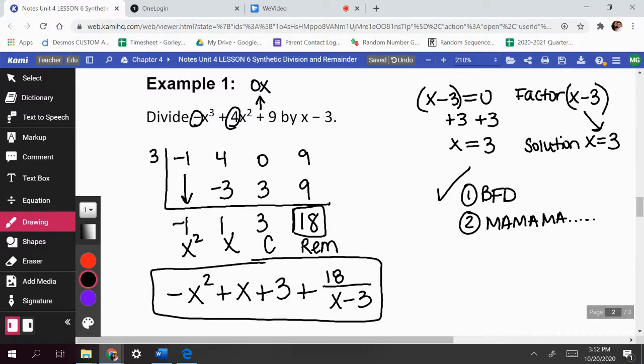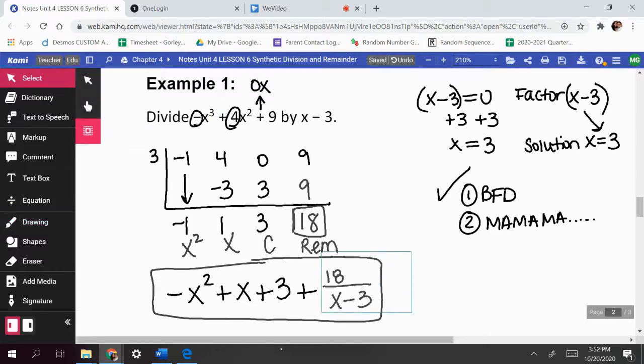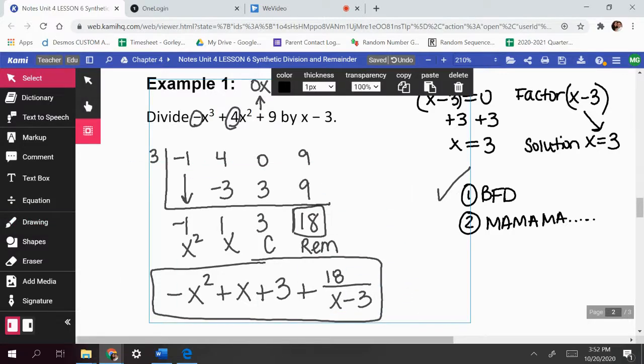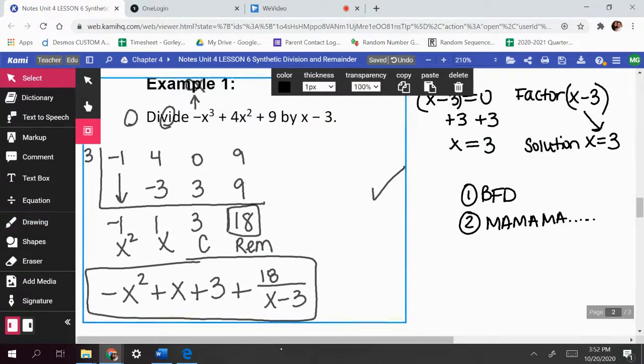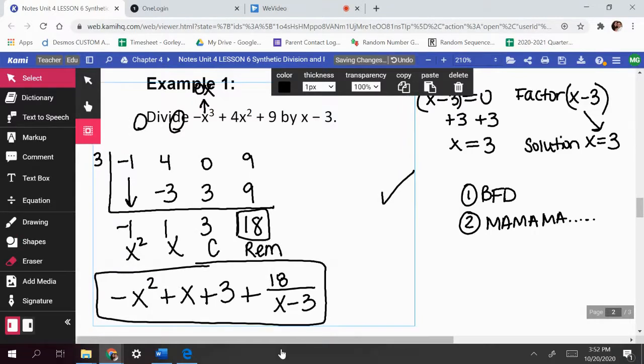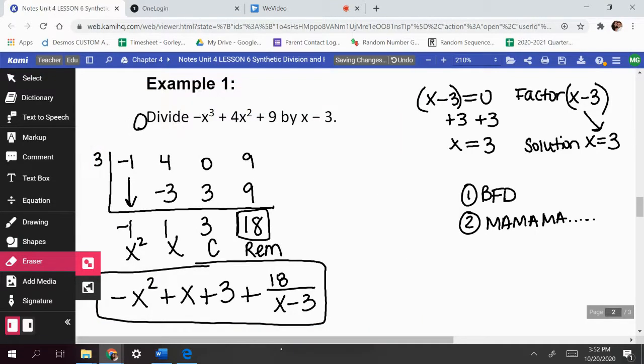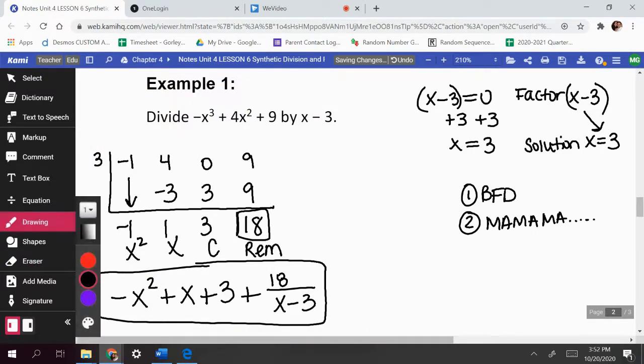Now, just a quick note, some teachers might show synthetic division a little bit differently. Let me show you what I mean. I'll move this over a little bit. Some teachers might present synthetic division looking like this, where they put a 3 in the box, and it might look like this.